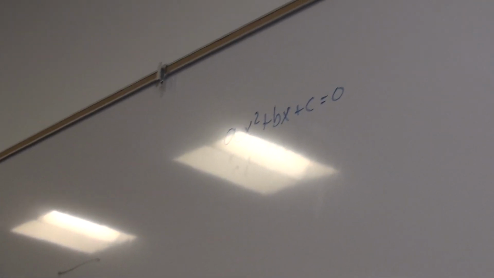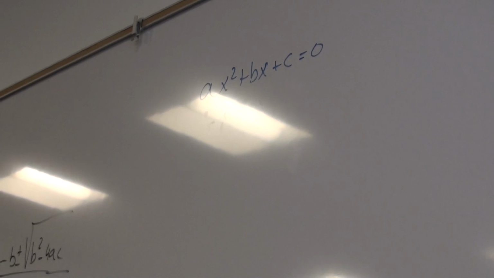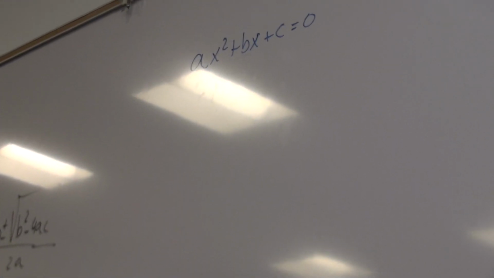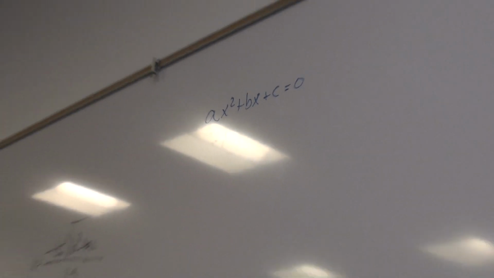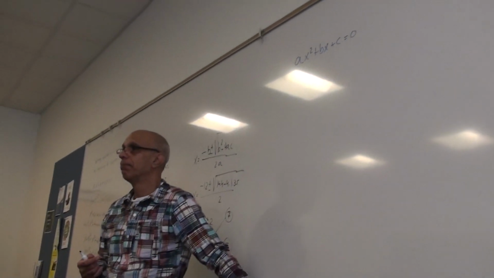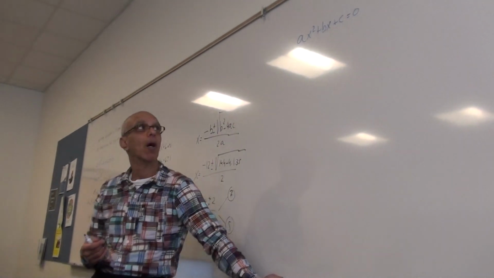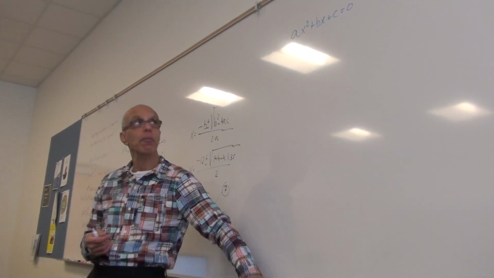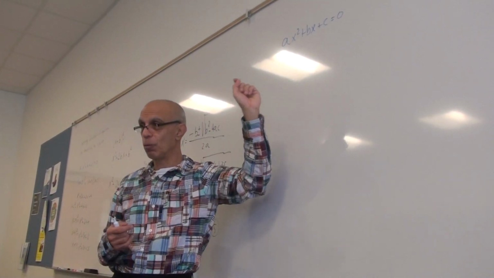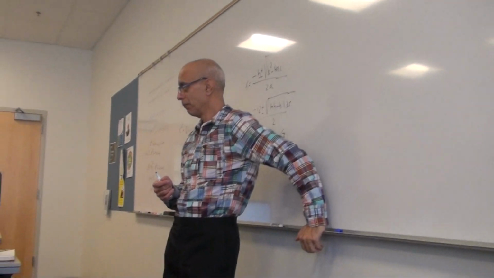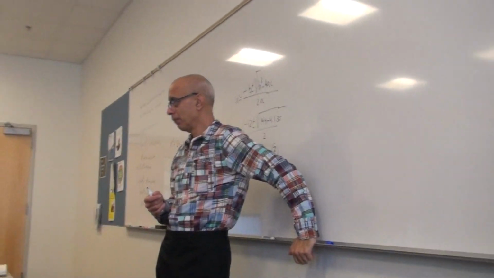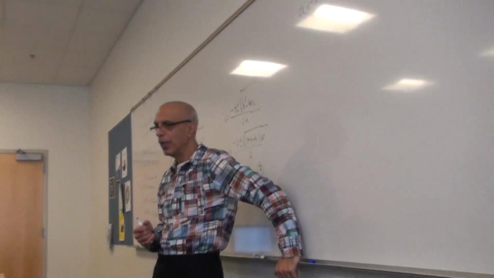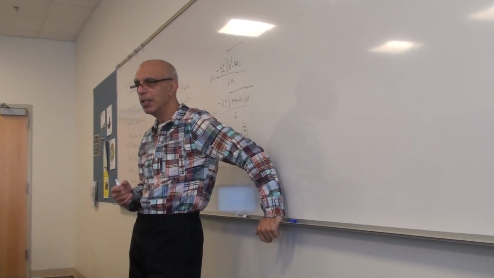Well, A could be 1, but because A could be any number, so could be 2, 3, right? So how can we ensure that we always have 1 here? What should I do to this equation to make sure I always have 1 there? Oh, fantastic. Divide everything by A.